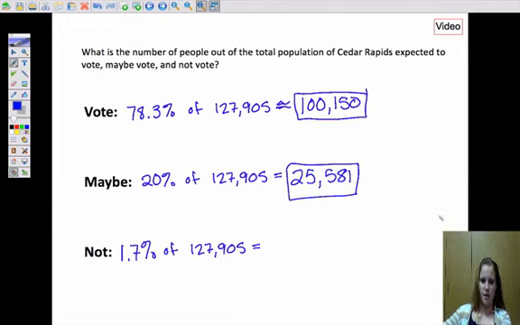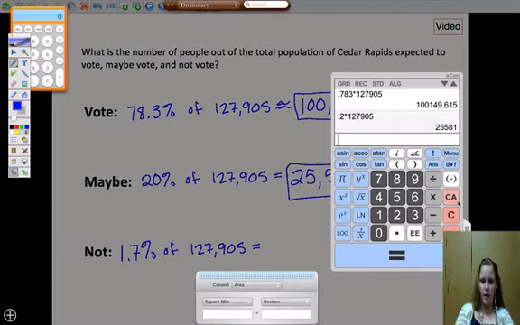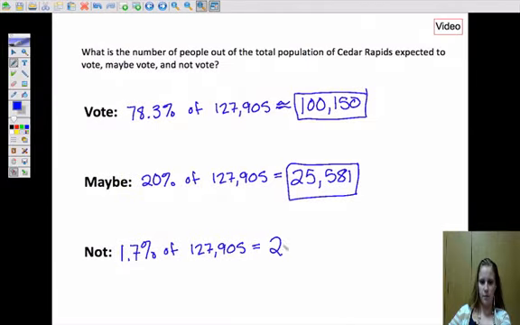Those are the maybes. And then 0.017 would be, and we'll round this one down, that works out well, 2,174.